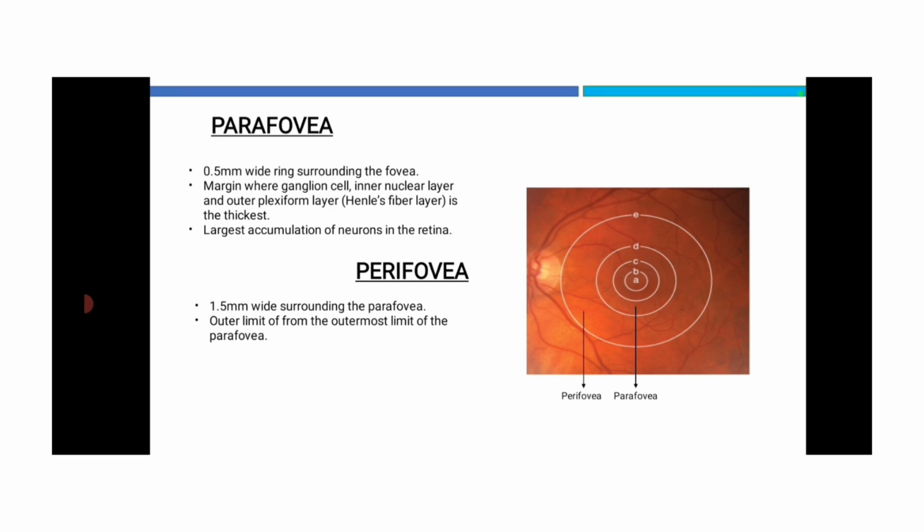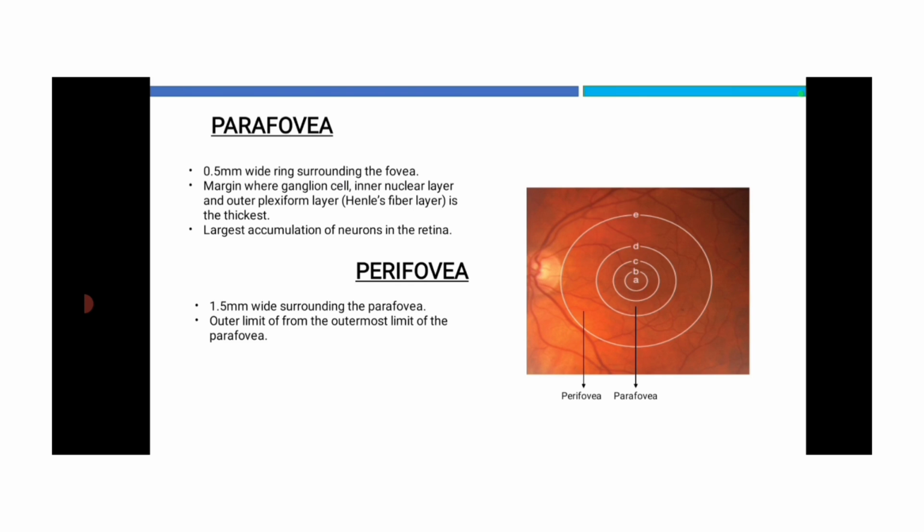We can see the largest accumulation of neurons in this region of the retina. Next, we have the perifovea, which is a 1.5 mm wide ring surrounding the parafovea. It extends from the outermost limit of the parafovea to the outermost limit of the macula lutea.